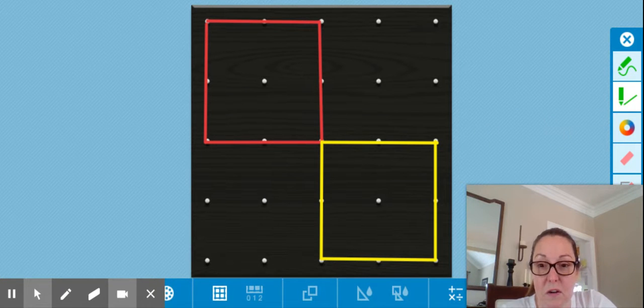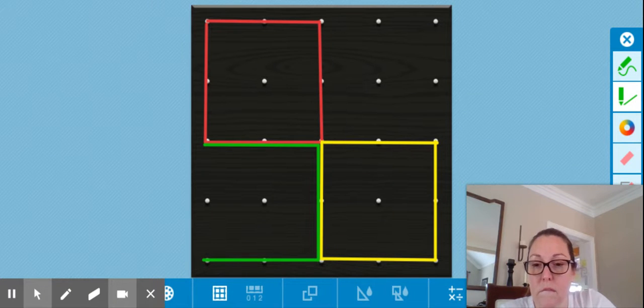I want you to be able to see that this side's going to touch right here, but this is the green rectangle. Okay, so I see three rectangles or squares on this geo board. I have a red one, a yellow one, and a green one.